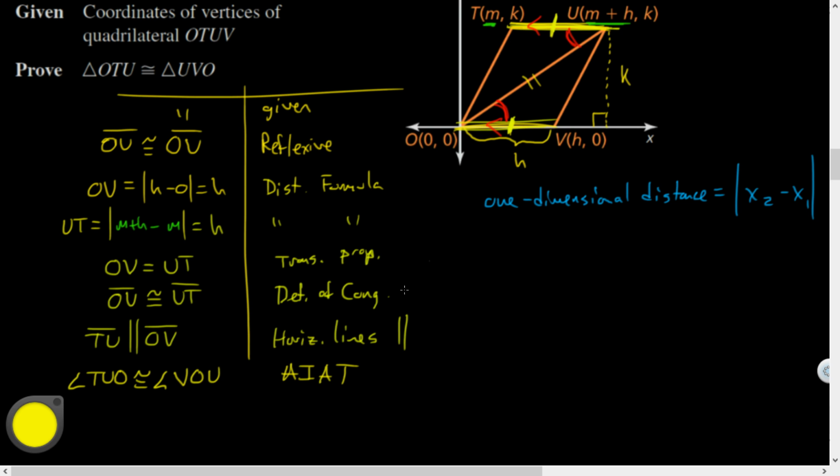It is possible. And do we have enough information to prove triangles are congruent? Triangle OTU is congruent to triangle UVO. How are those triangles congruent?